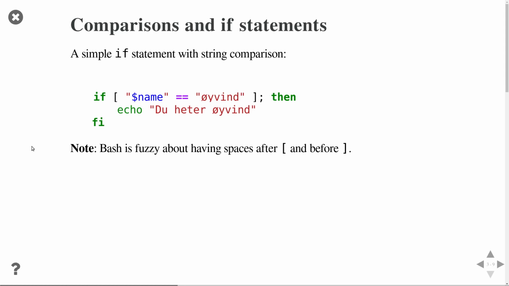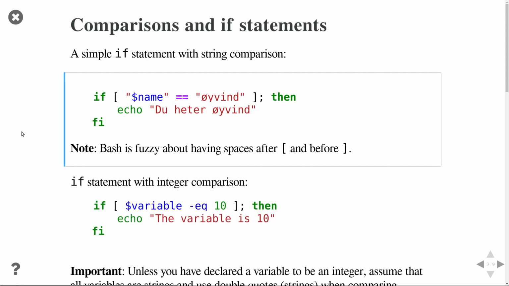Here again, you have to be quite careful with the spaces that you use. One mistake that I often make is that I forget the spaces between the brackets and the variable here and here. So make sure that you use spaces before these comparison operators. Otherwise, you end up with not very useful error messages.